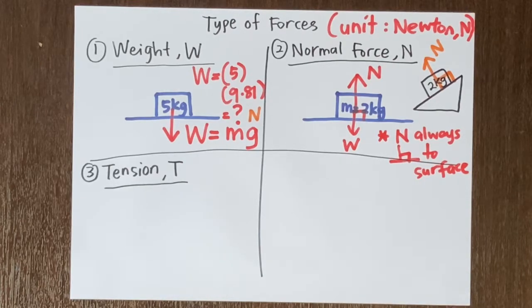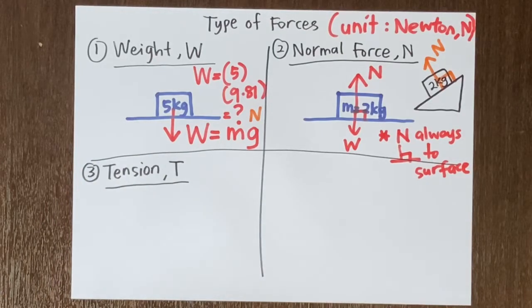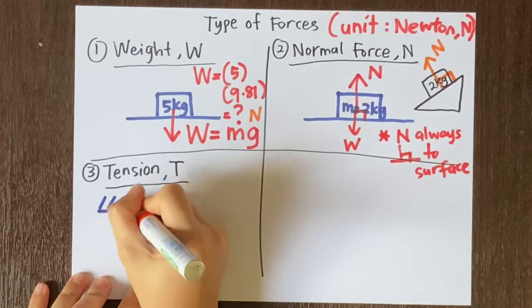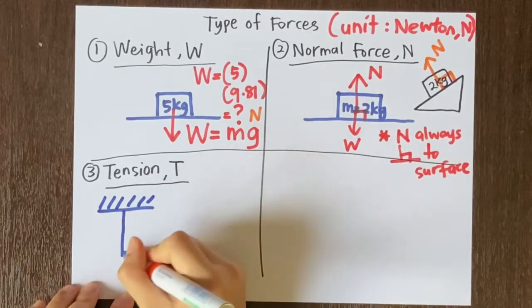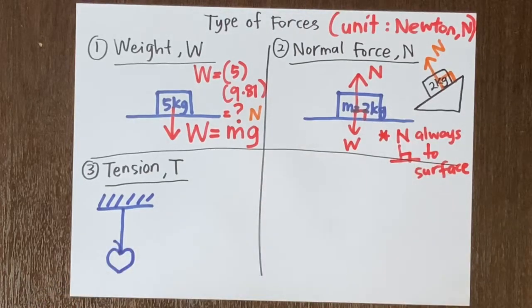Don't say if you have an exam you will get tension. No, it's not. Of course, exams are easy, right? Okay, so tension. What is tension? For example, an object hanging. This is the string, and this is an apple. Where is the tension?